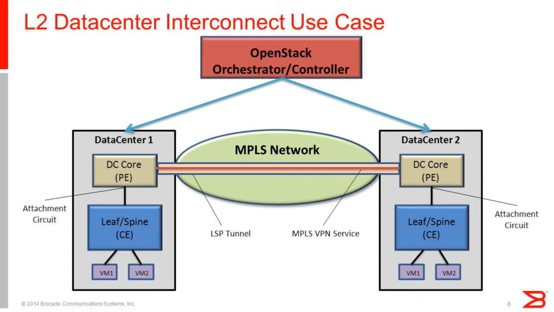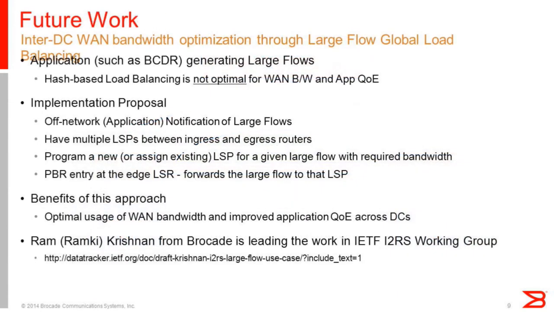The idea here is that attachment circuits can also be discovered using LLDP. So there is flexibility: you can either define it through configuration, or you can use LLDP for that.